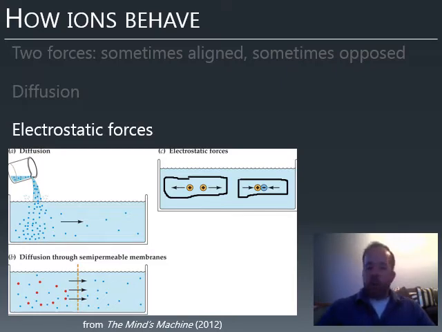So again, we have these two forces, and repeatedly I'll say that atoms want to do this, or that ions want to do that. We want to avoid anthropomorphizing them too much, but that's just a convenient way of saying this is what they tend to do because of these two forces. So over here on the left, we have all these particles, and what these particles want to do is go from where they're concentrated to where they're not.